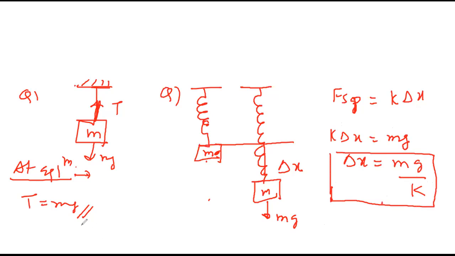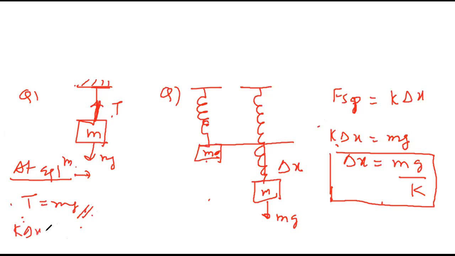So this tension, if I think of it as K delta x, here also I can write T is mg. Therefore, tension equivalent to spring force, K delta x, equals mg. That means T is mg; I think of T as the spring force.